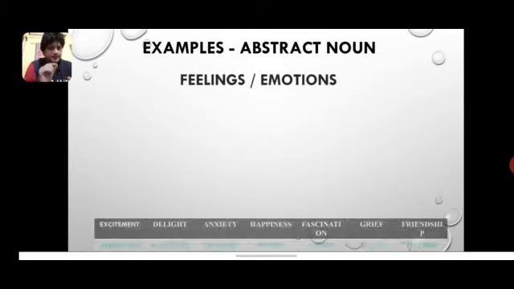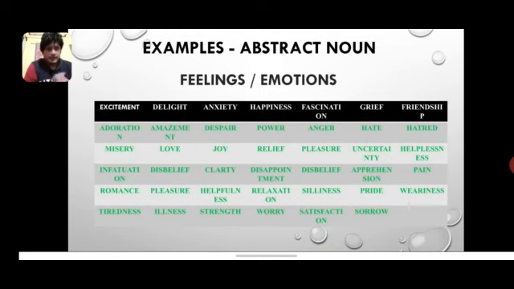All right? Next up, again, we've got examples of abstract nouns, but under the heading feelings or emotions. Excitement is a feeling. A person might get excited or he lives in certain excitement. Delight, when you feel pleasured. That pleasure, that delight, is the noun form of delighted. Amazement, what is the adjective? Amazing.